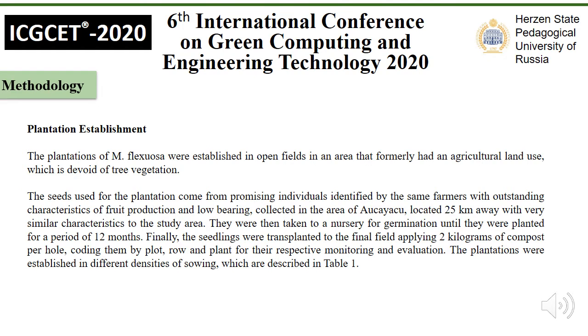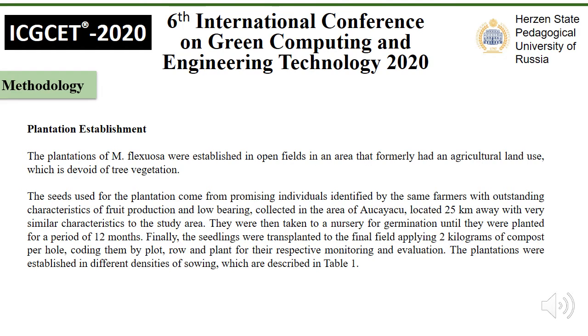located 25 kilometers away with very similar characteristics to the study area. They were taken to a germination nursery until they were planted after a period of 12 months. Finally, the seedlings were transplanted to the final field, applying 2 kilograms of compost per hole, coding them by plot, row, and plant for their respective monitoring and evaluation.